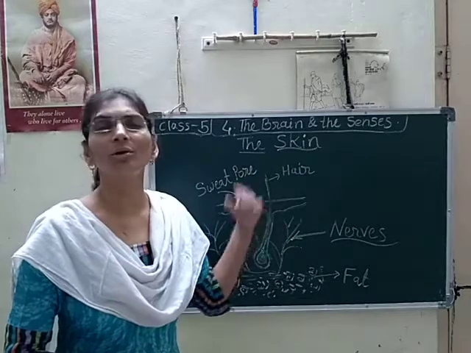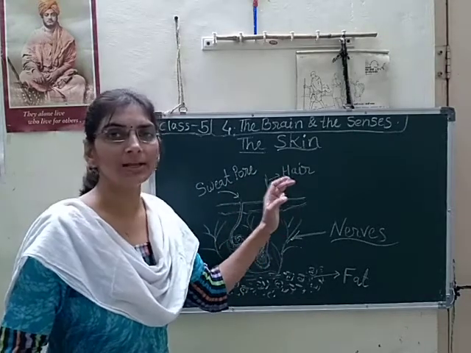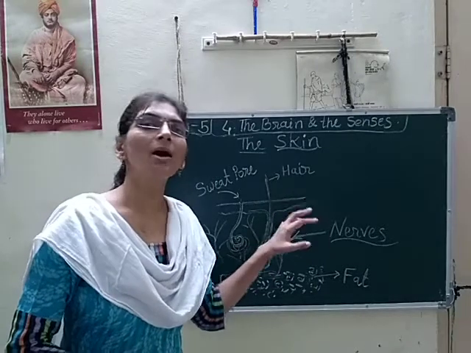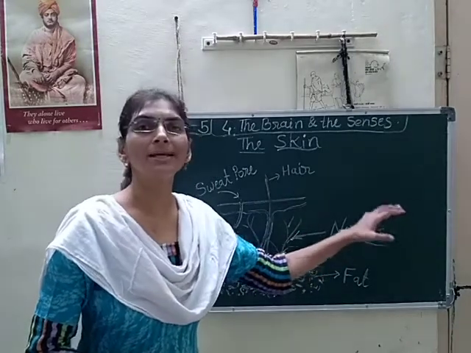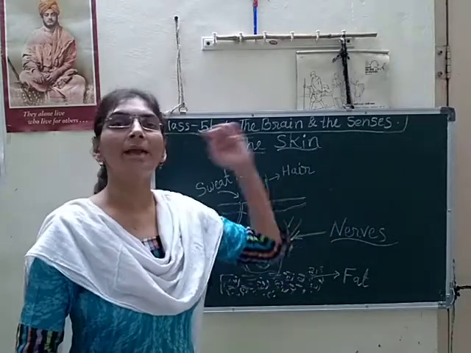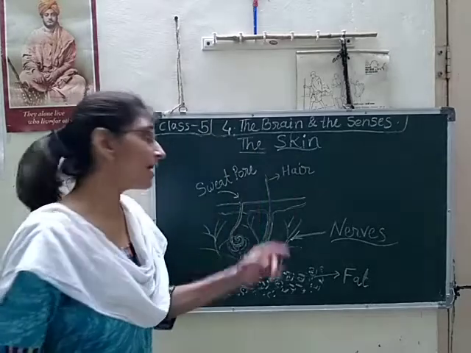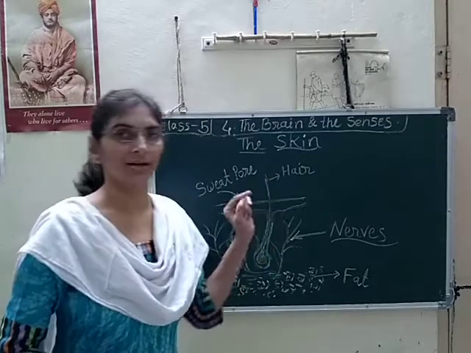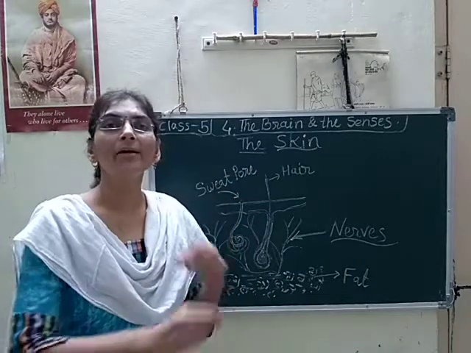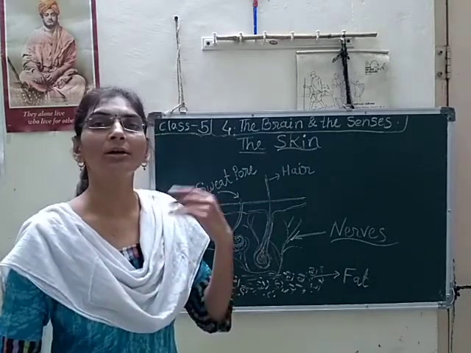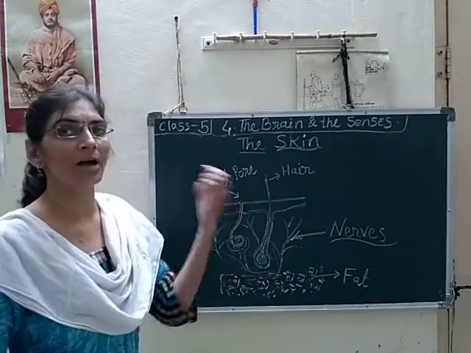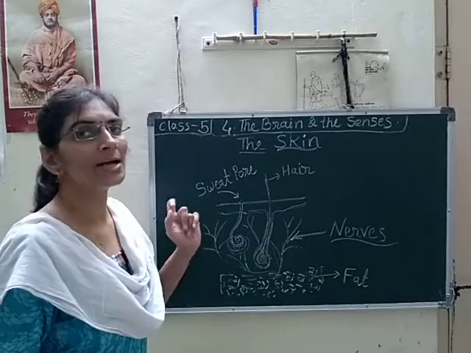Whether it is hot, cold, whatever, that sensation our nerves can feel, and those nerves give that message of what we are touching to the brain, and our brain will identify it. Then we can identify whether we are touching something hot or cool, soft or hard.